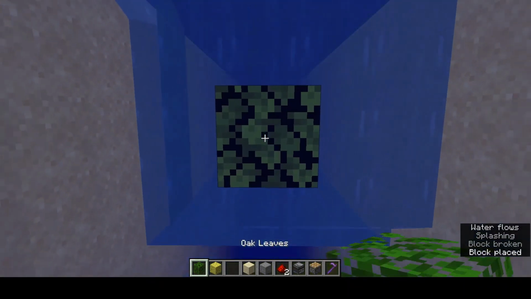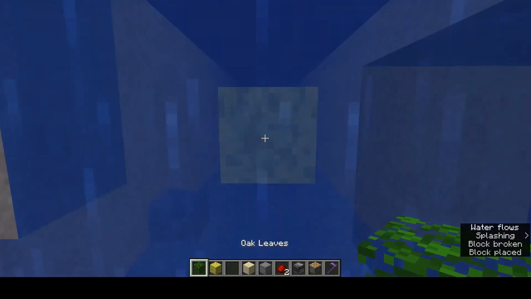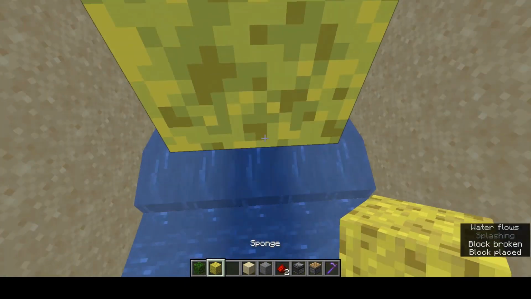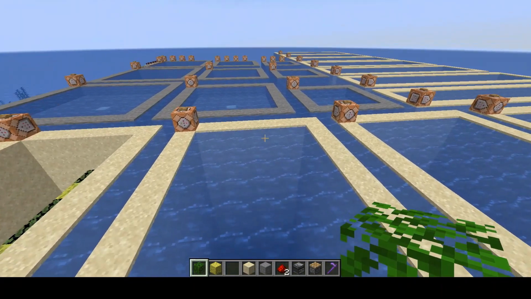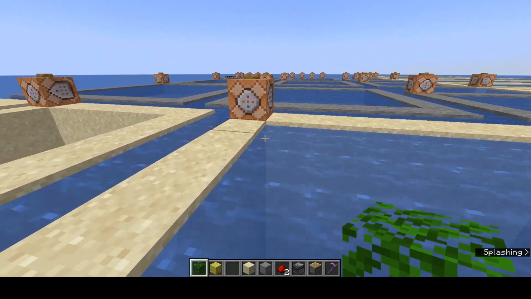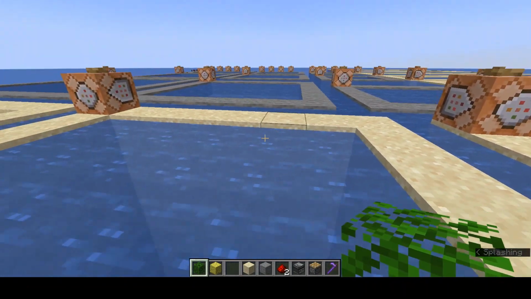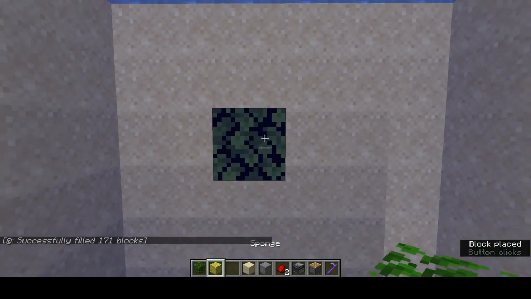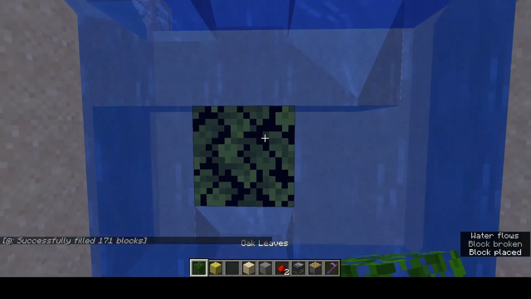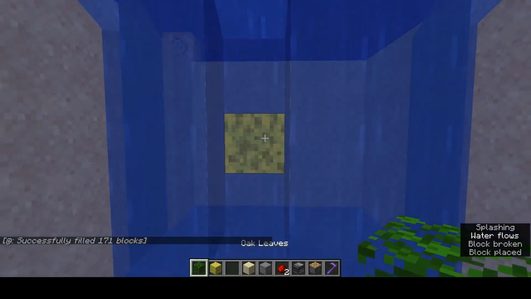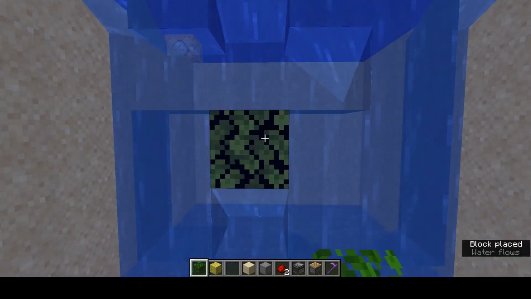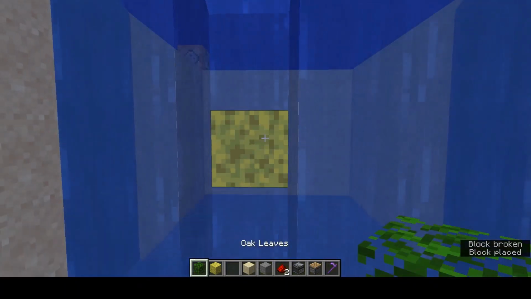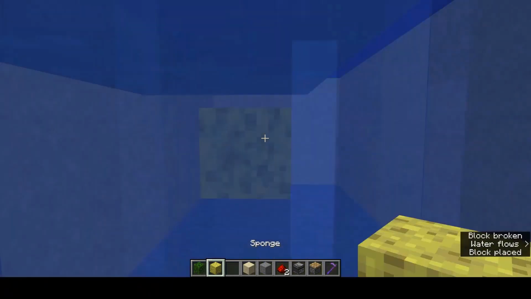It will absorb the most number of source blocks to sponge blocks placed down. But the advantage of going wider than 5 blocks is that you're using less sand, because you don't need to make as many channels when you're making them a lot wider.